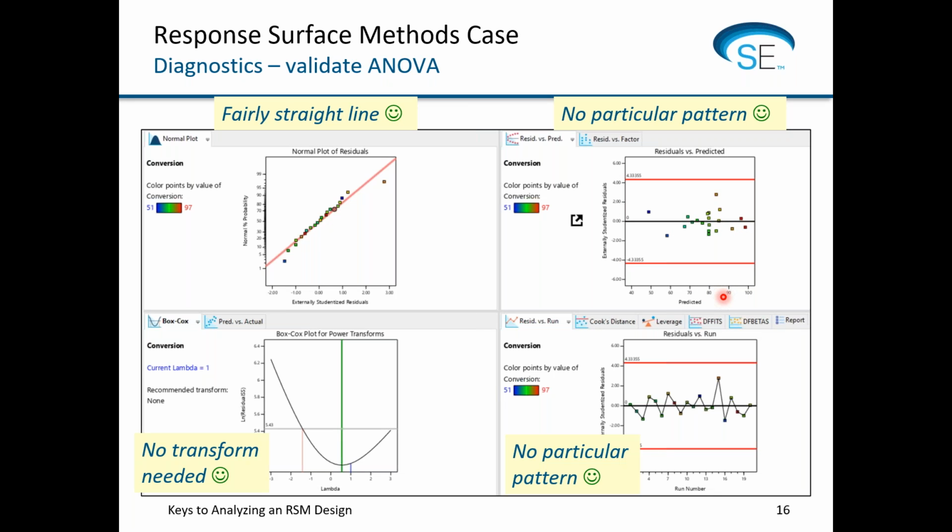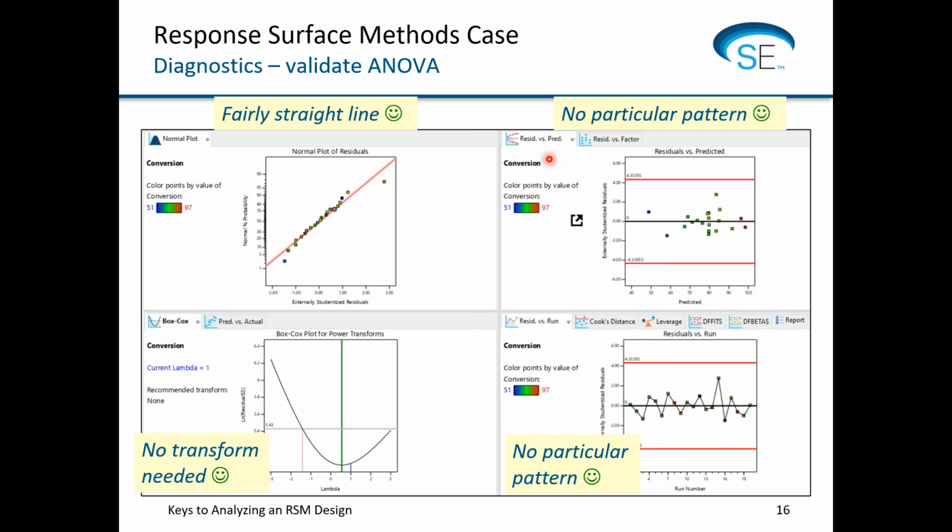What you do not want is the residuals to be increasing as you go from the low end to the high end. If they're increasing, that would show kind of a horn or a bell shape, and that indicates that you have non-constant variance. Okay, so that would indicate probably a need for a transformation.